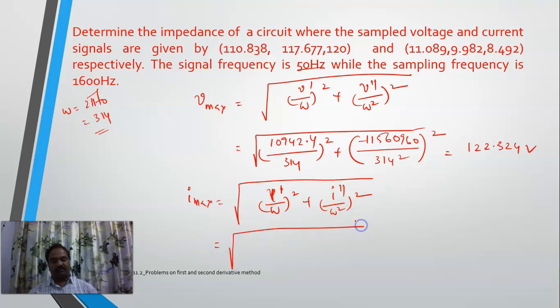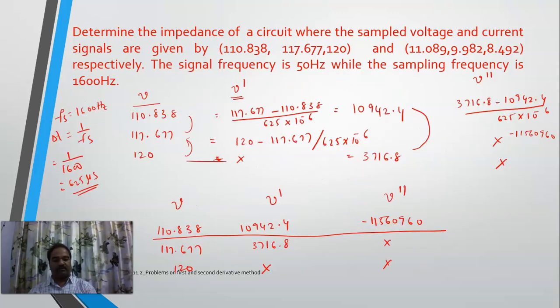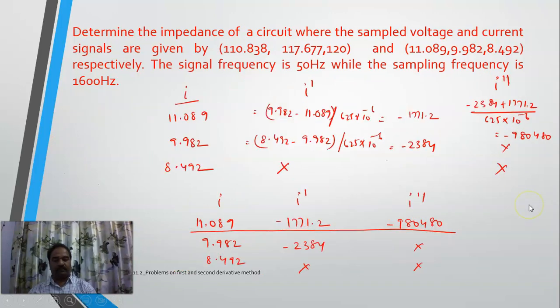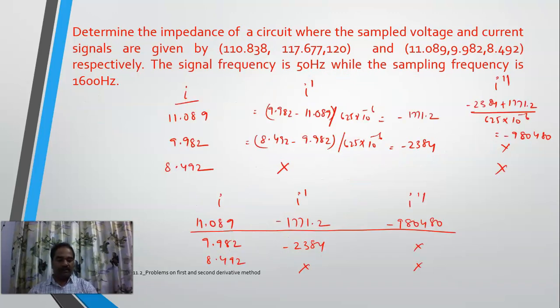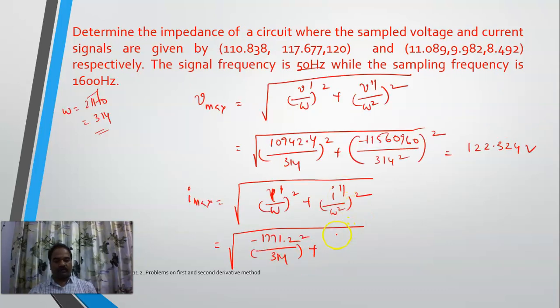If I substitute the recent values which I have got, I dash is minus 177.2 by 314 whole square, plus I double dash, minus 980480 by 314, whole square.